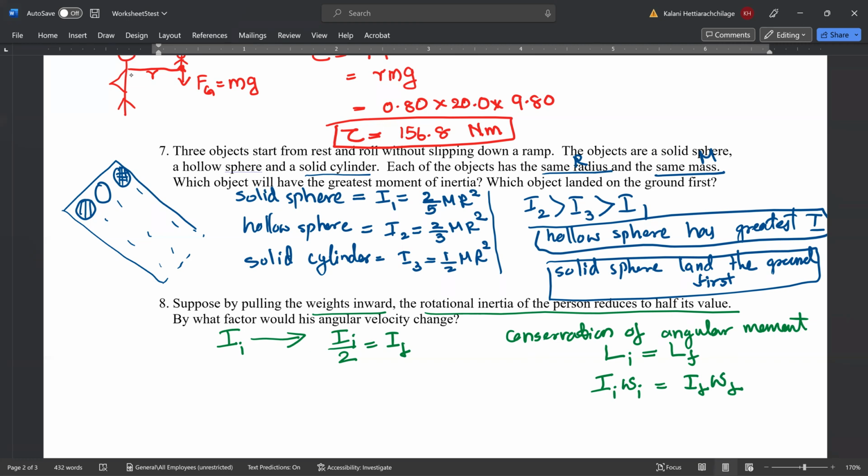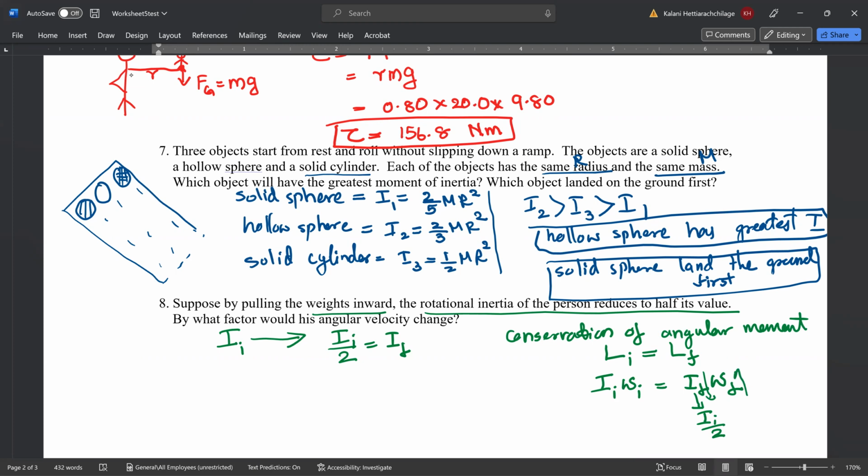So now when I final goes to I over 2, what will happen to the omega final? That's the question, right? So this one is going to be I initial over 2. When it moves to half of the initial value, that means it's actually lowered, right?